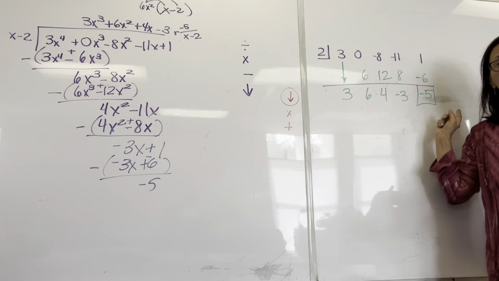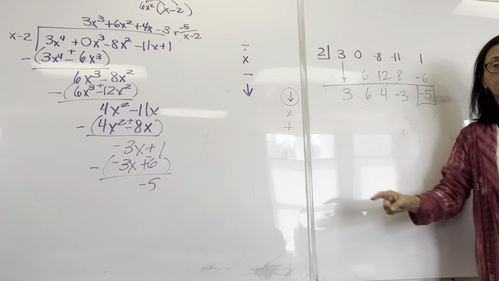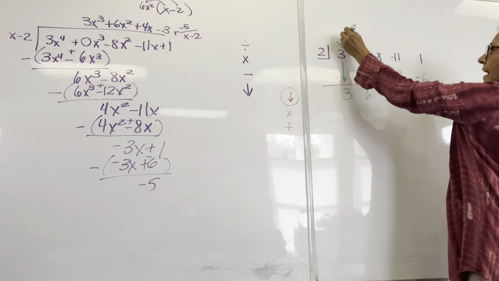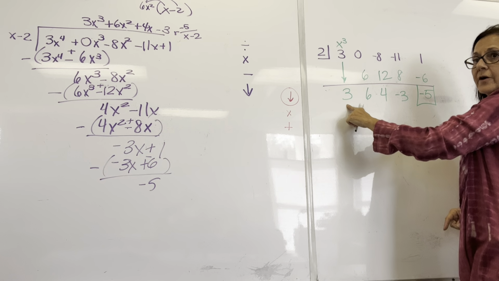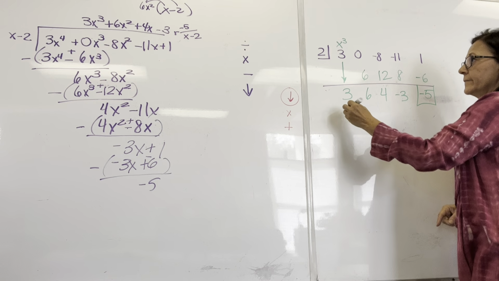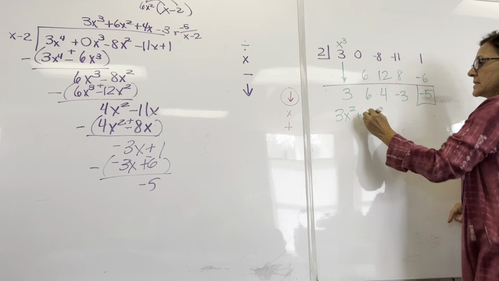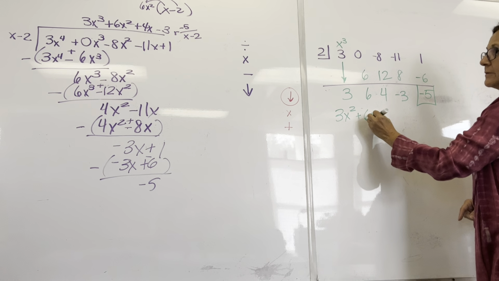With synthetic division, we get the coefficients of the answer. Got it? If 3 goes with x cubed, this first term here goes with 1 exponent less. Wait, we started with x to the 4th.